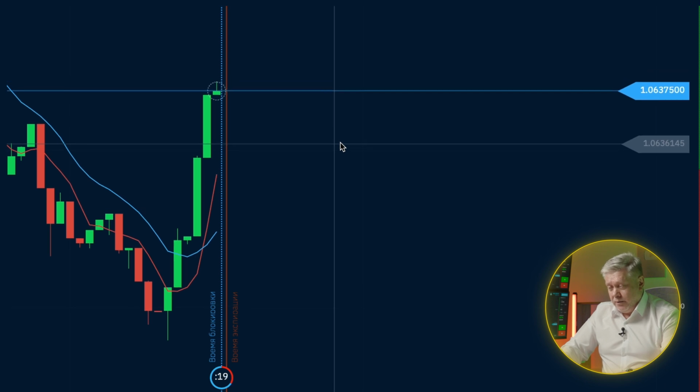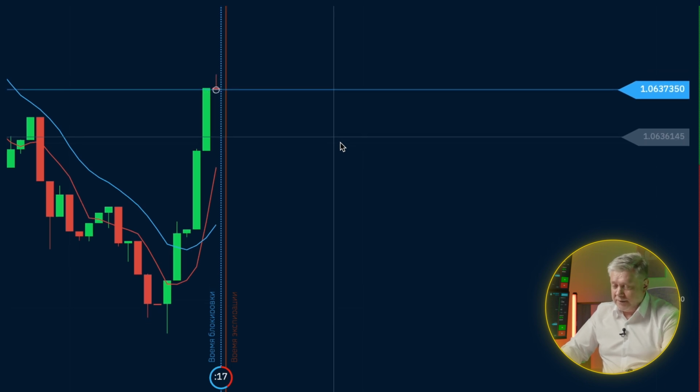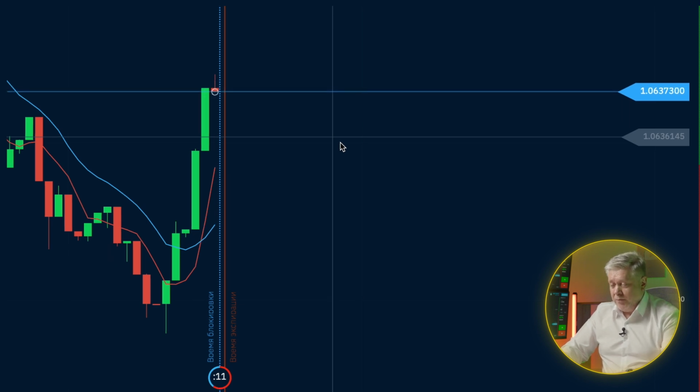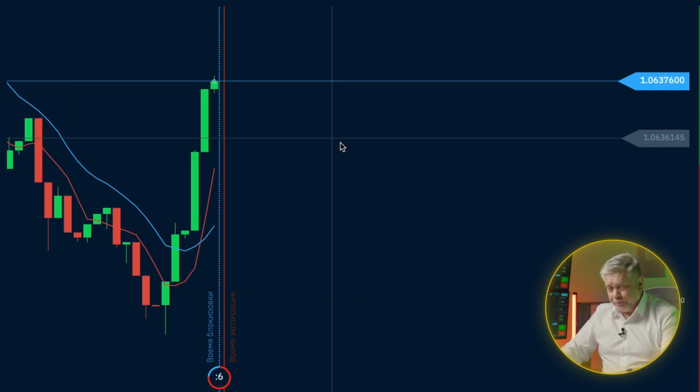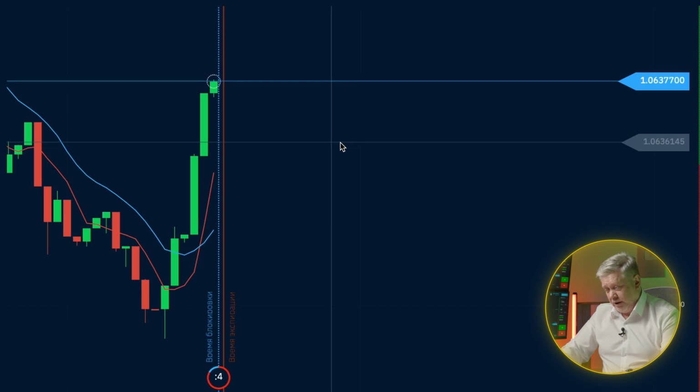Therefore, simple moving averages are referred to as indicators confirming the existing trend. Please note that they really confirm the upward trend.